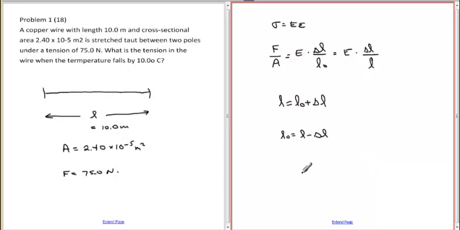So you can solve for delta L. We just need E for copper. So if I go to the book, and this is the book that you have, we would look under Young's modulus in the index, because I don't know exactly what page it's on. It's not under Young's, so it's probably under elastic modulus.